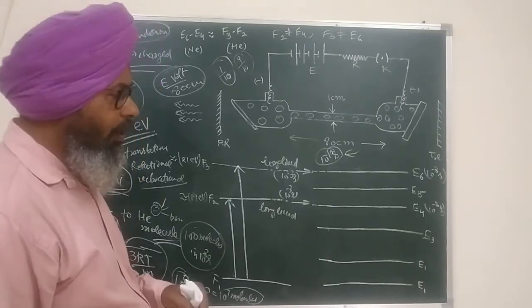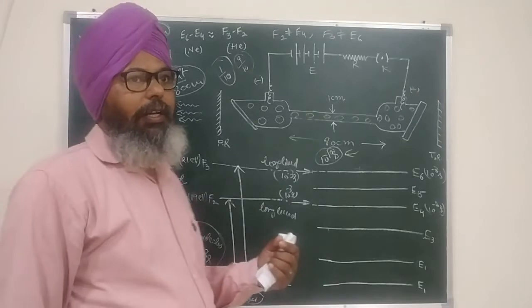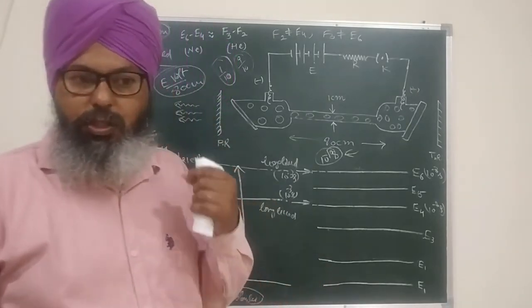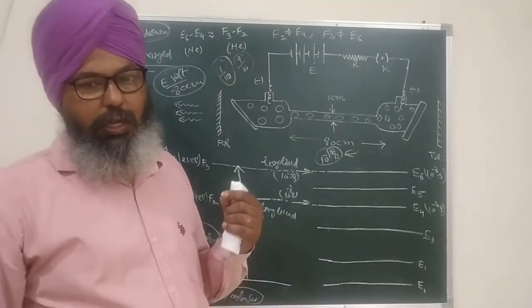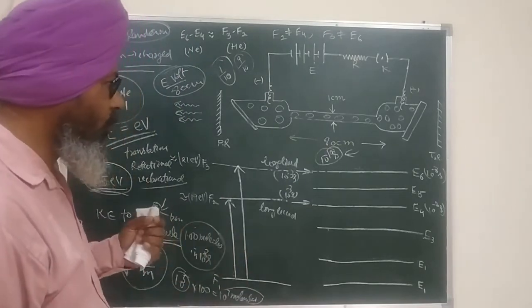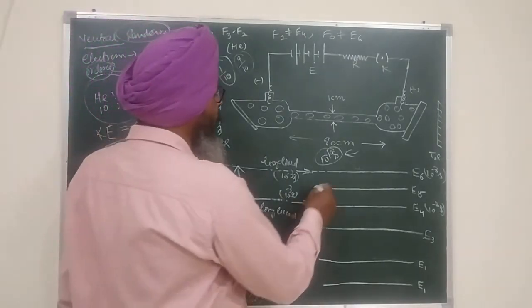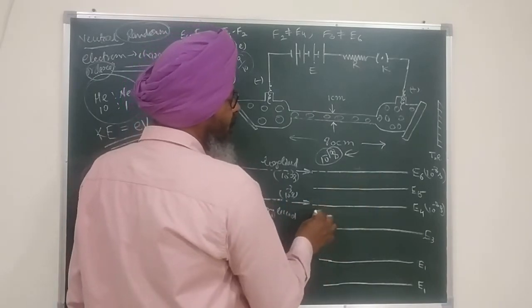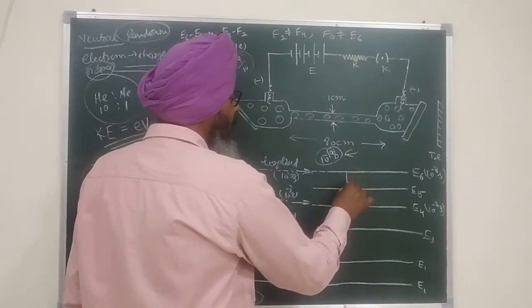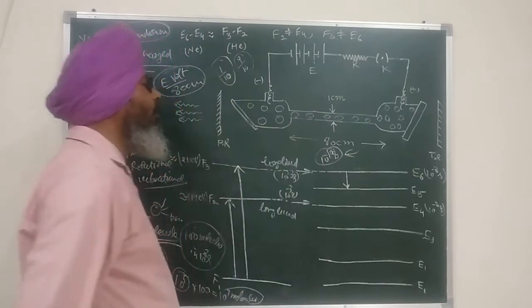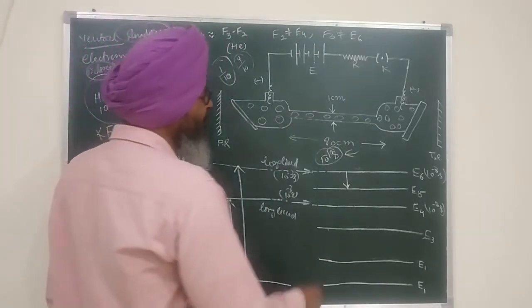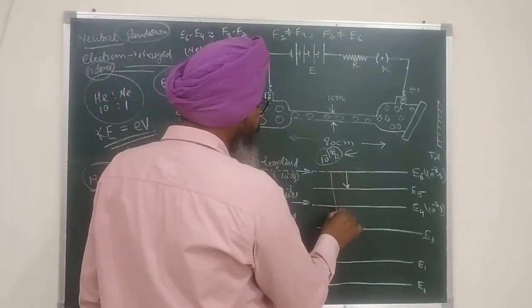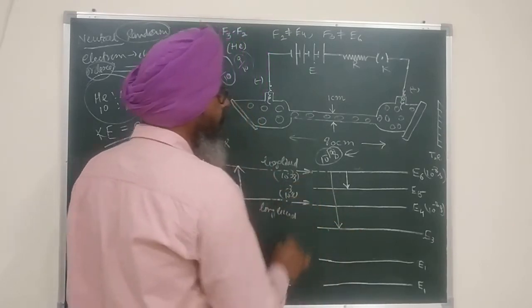Now, kindly remember there are certain rules for de-excitation. Certain transitions can take place, certain transitions cannot take place, and you have to remember all this. So the molecules which are in the state E6 can de-excite either from E6 to E5 or from E6 to E3.